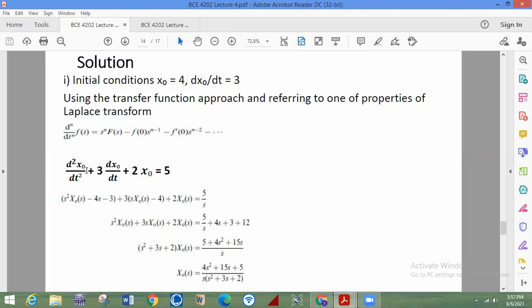When we apply this property in here, this is the second derivative, and please note that while you're using this property, if you're applying it to a second derivative, you apply all these terms, this first term, second term, and the third term.